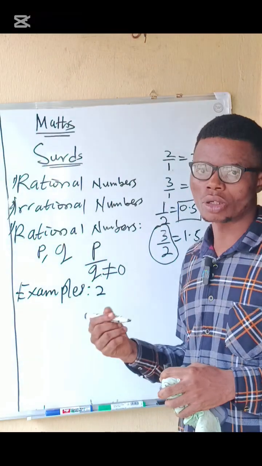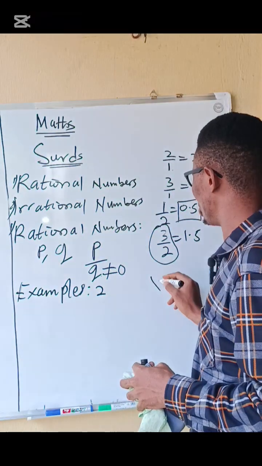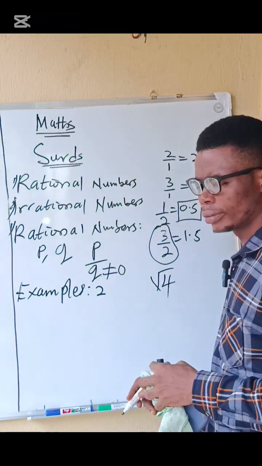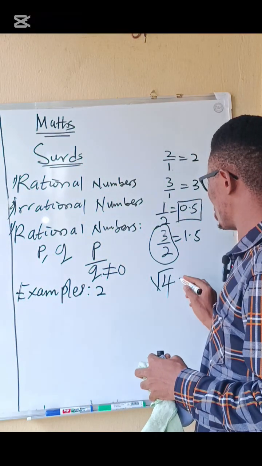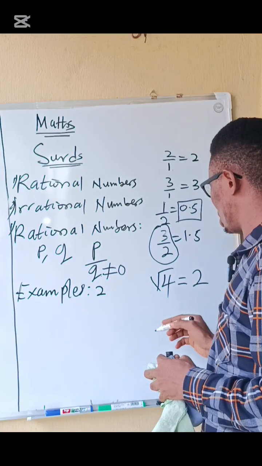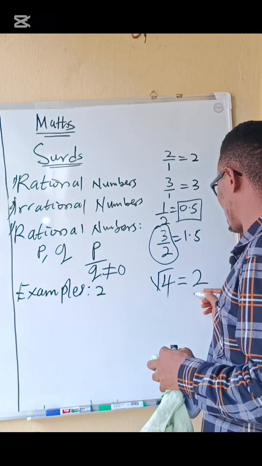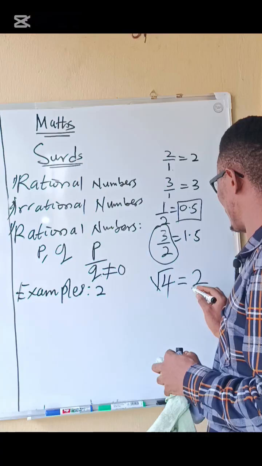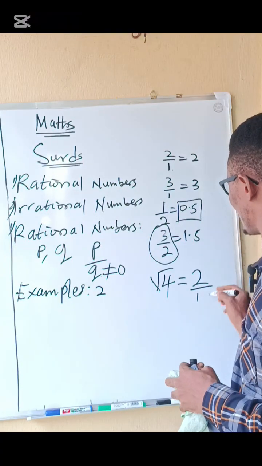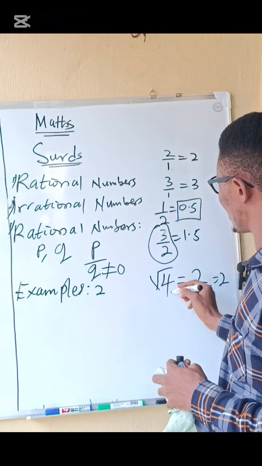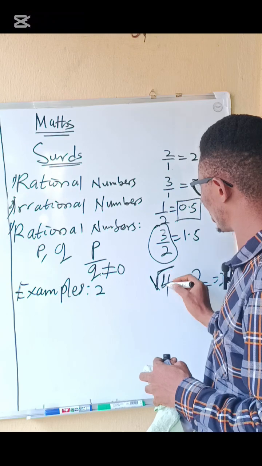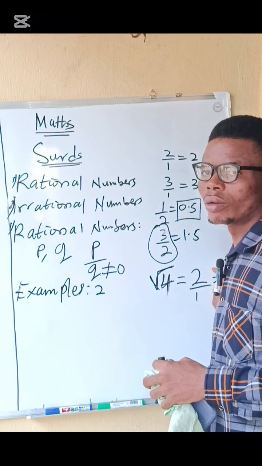So in this case, 3 over 2 is a rational number. How about I say root 4? The square root of 4 is going to give me 2. Which means I can say 2 divided by 1, which is going to give me 2. So this square root of 4 is a rational number.